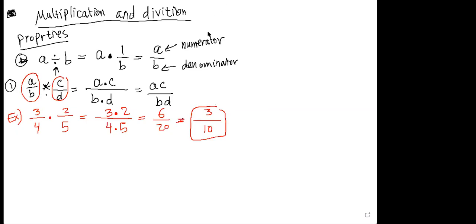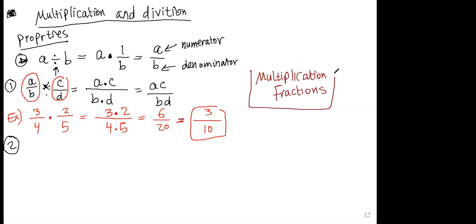Okay, second property. The first was called multiplication of fractions. The second property is division of fractions.